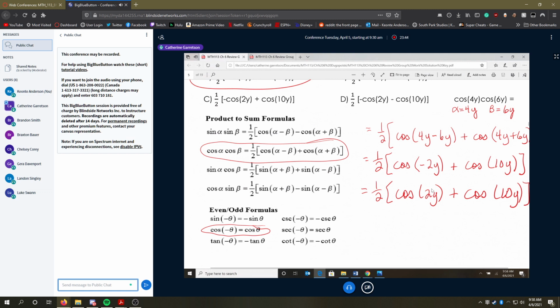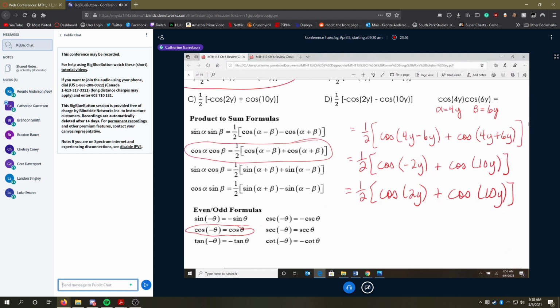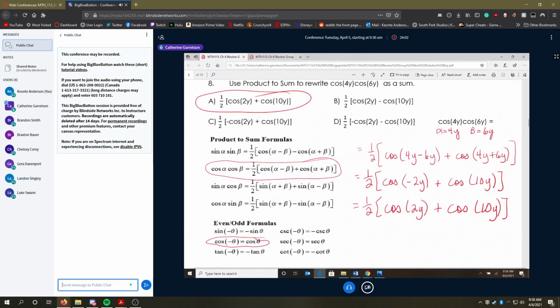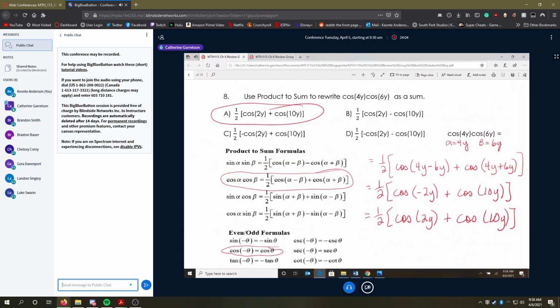So I can just replace this with a positive angle and not change anything in the front. Now the formula says to add the two angles together to get 10y. So I'm looking for 1/2, and I'm looking for both of the cosines to be positive. So the answer would be A.